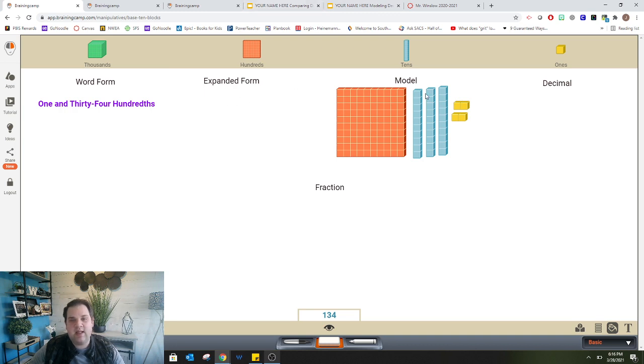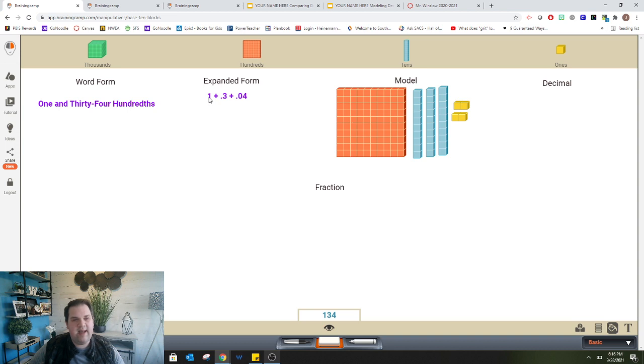You can kind of see it in this model as well. All right, if you entered 1 whole plus 3 tenths plus 4 hundredths, you would be correct. This would be the correct expanded form for 1 and 34 hundredths.